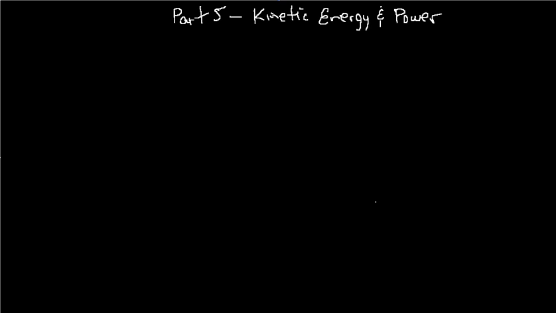Okay, so we're talking about kinetic energy and power now, so we're going to continue with what we left off with. Last time we talked about kinetic energy as 1/2 the mass times the velocity squared. Now, in order to have kinetic energy, we need to have velocity, so that means it's moving.